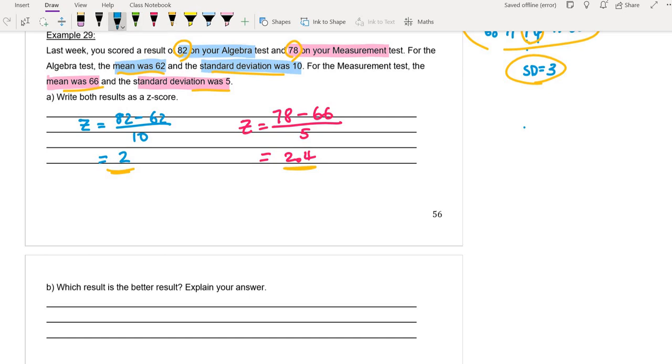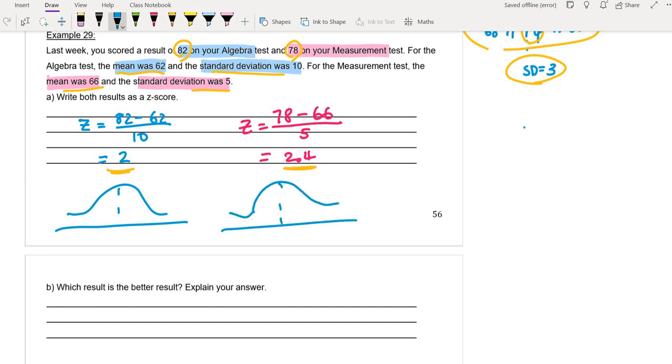So just to give you a bit more understanding, more context of this, if we draw two bell curves, and this is the mean. For the algebra one, you have the z-score of 2, so you did well. You're 2 standard deviations higher than the mean.